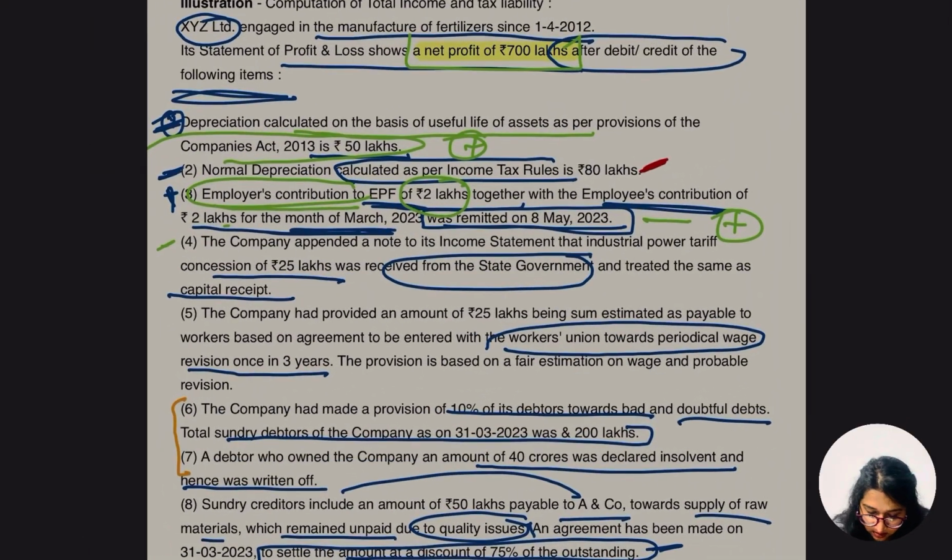This is 25 lakh. The company appended a note to its income statement that the industrial power tariff concession of rupees 25 lakh was received from the state government. They have treated it as capital receipt. In actual, that is to be treated as the trading receipt, not the capital receipt.